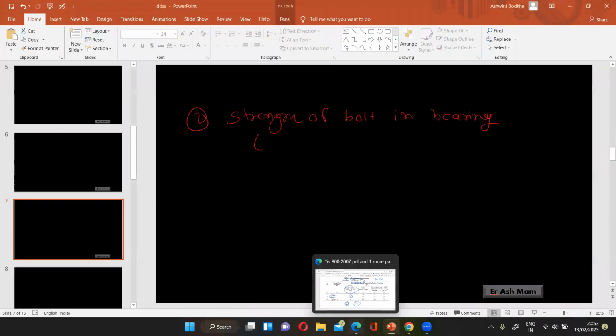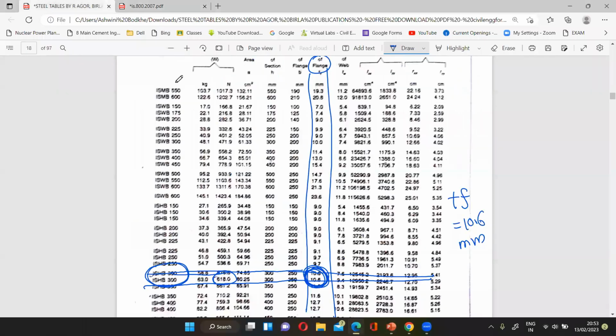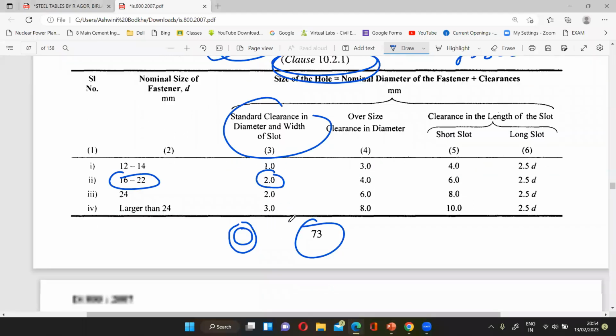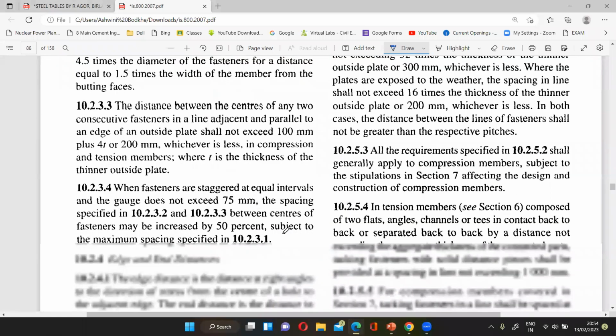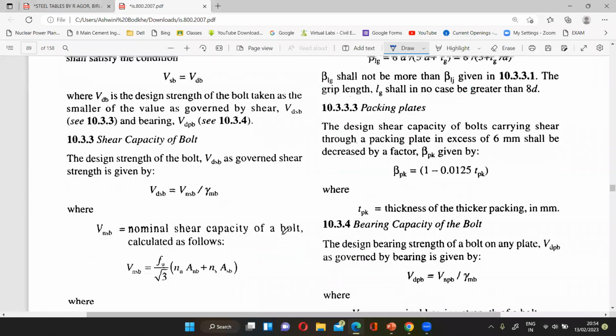Okay. Next, second, strength of bolt in bearing. At page number 75 you can see the formula given, clause 10.3.4. Here you can see the shear capacity of bolt.